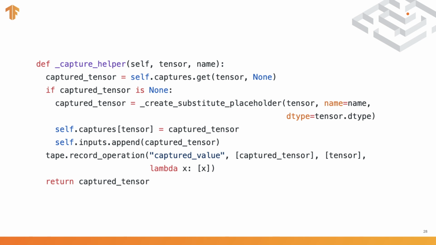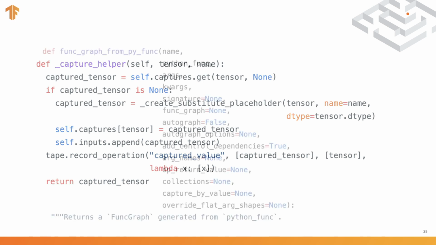The nice thing about this is that at the point where you pass the original argument to the placeholder, if that is happening inside another FuncGraph, and that original argument does not belong to that graph, that will recursively trigger a capture, which will recursively trigger a capture. In this way, we properly propagate value capture throughout functions that call functions that call functions. And all of those are going to correctly handle differentiation and a few other things. So it should be mostly seamless.